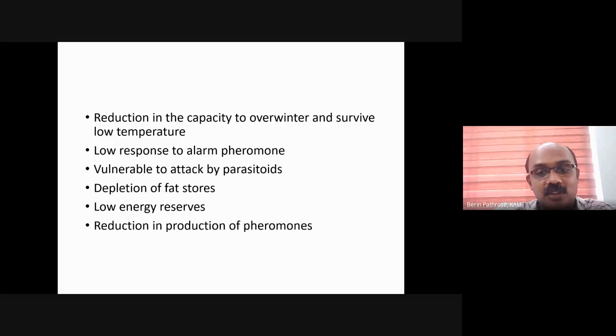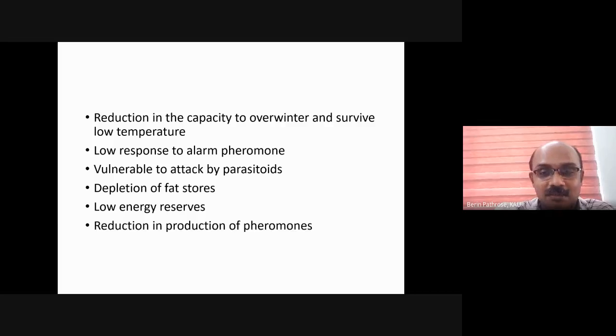Usually alarm pheromones are released when there is an attack of a predator or a parasite, usually coccinellid predators. So if it doesn't respond, it is just like a person who has some problem with the ear, some hearing loss.